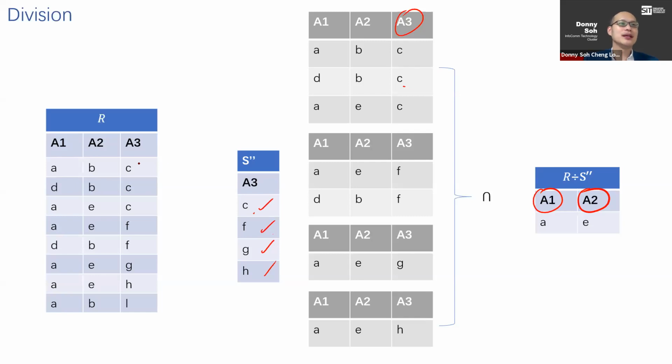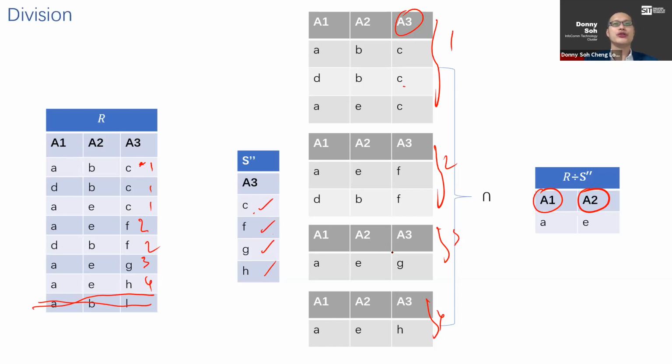So C will be this. Let's do 1, 1, 1 over here. F will be 2, 2. So this is 1, this is 2, this is 3, and this is 4. This one totally doesn't have it.